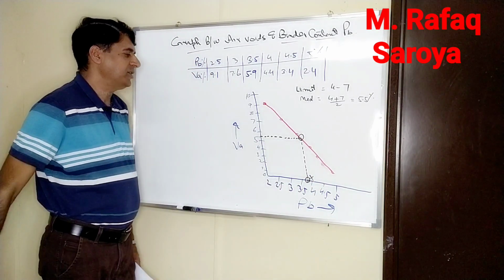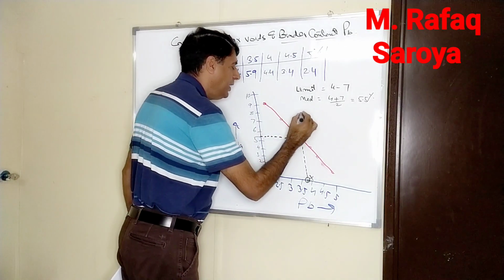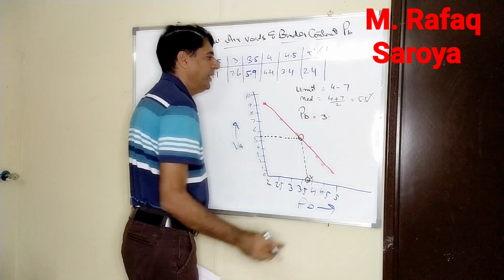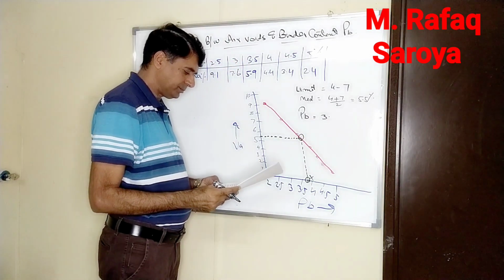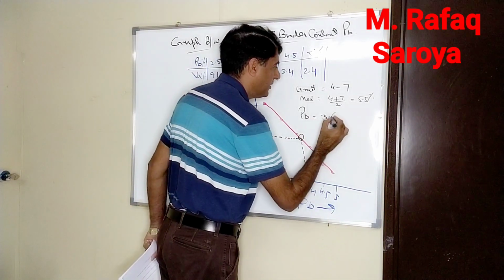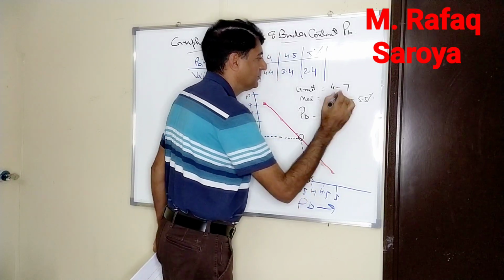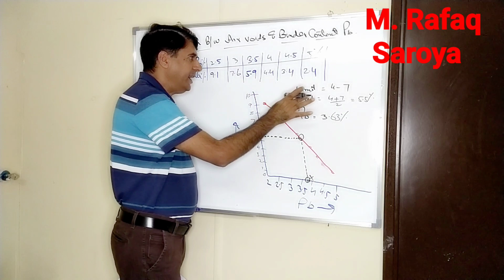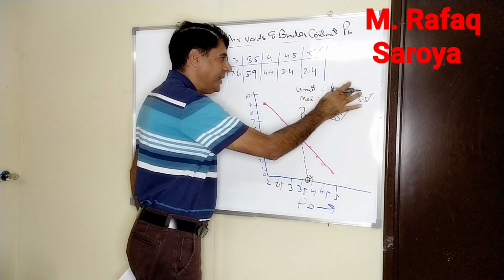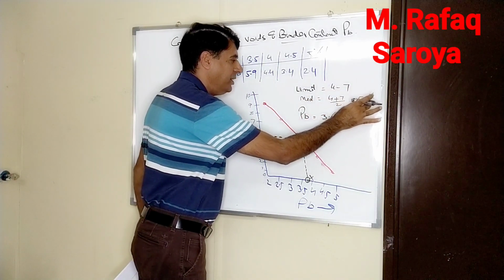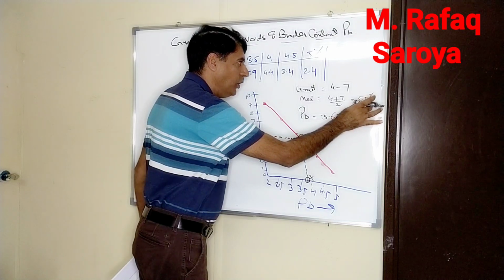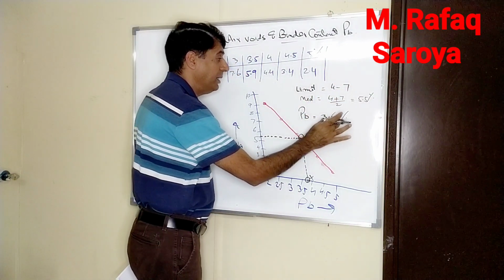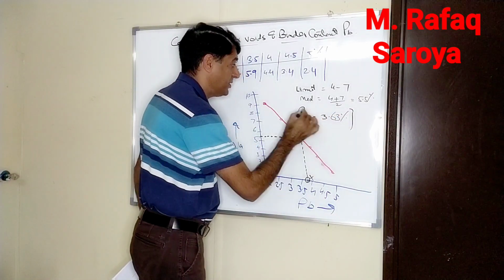This point of intersection gives us the value of PB equal to 3.63%. So as per the technical specification limit, the median has the value of 5.5. From this 5.5, the amount of binder is 3.63%.